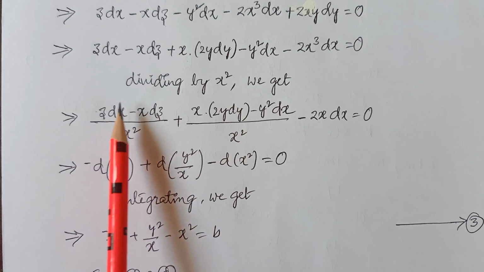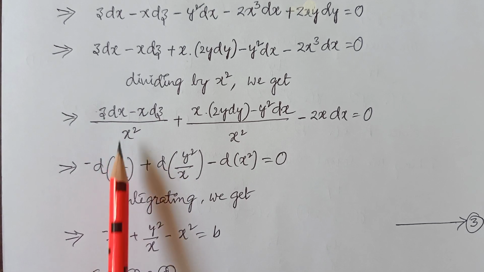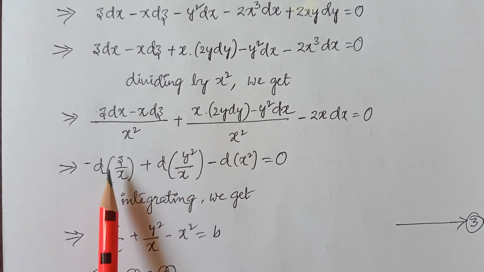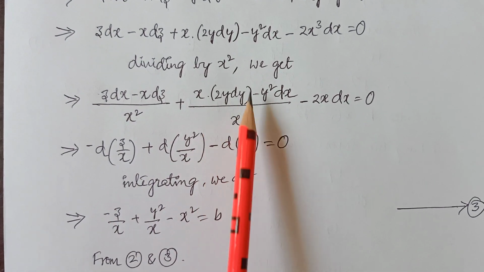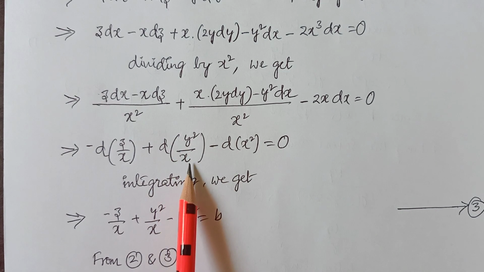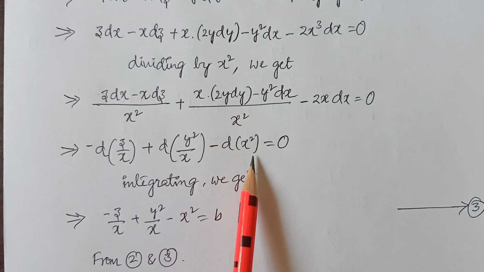Now you can observe that, by taking the minus common, this can be written as the derivative of z by x, just like the derivative of u by v form. Similarly, this term can be written as the derivative of y square by x, and minus 2x dx can be written as the derivative of x square.